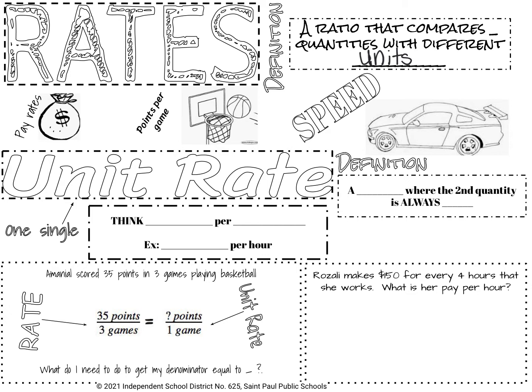So those are rates. We start to break rates down even more, and then we look at what's called a unit rate. So the unit rate, the only thing that makes it different is that it is a rate where the second quantity is always going to be 1. So like miles per hour, points per 1 game, dollars per 1 hour of work.